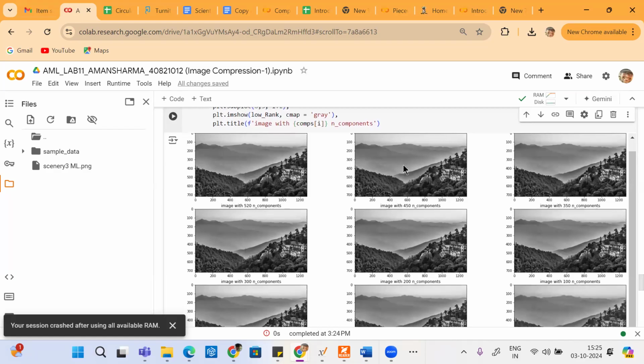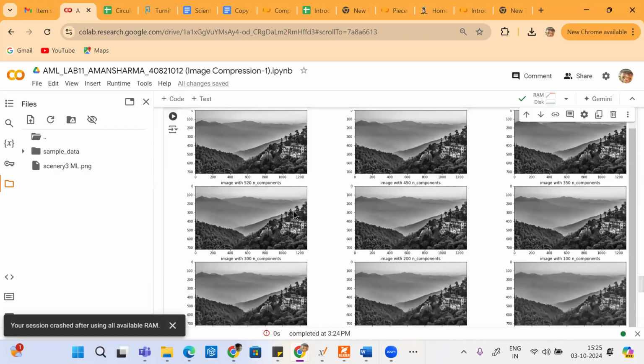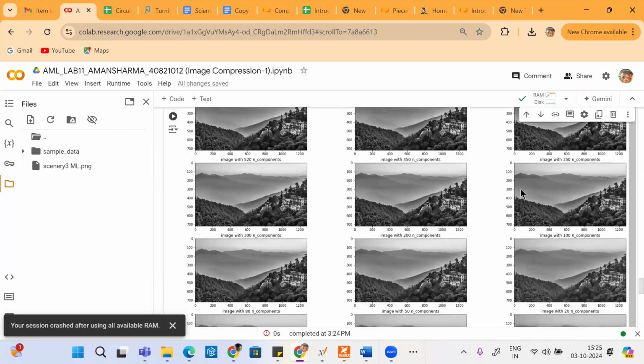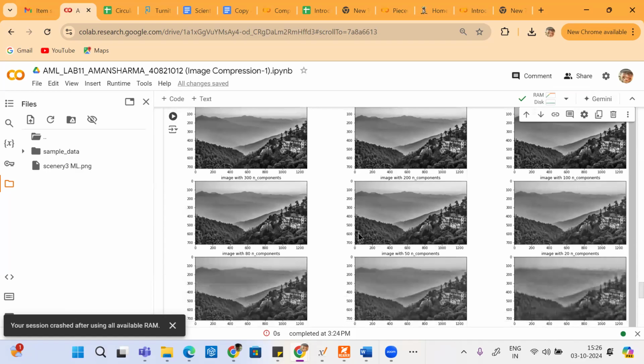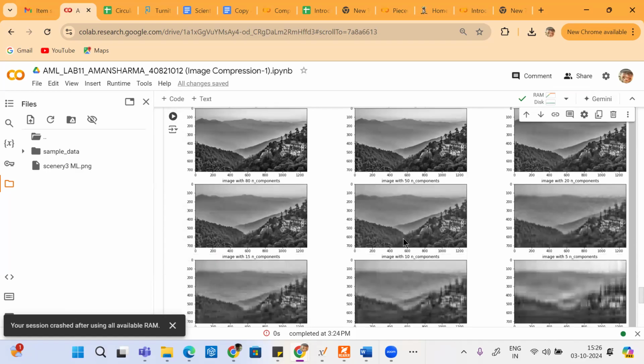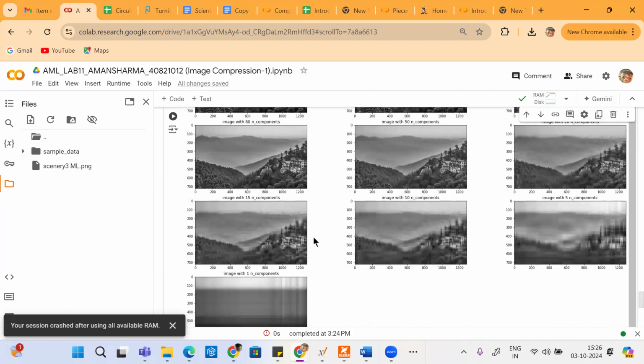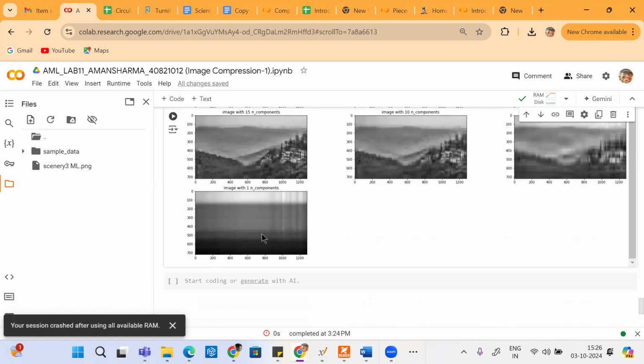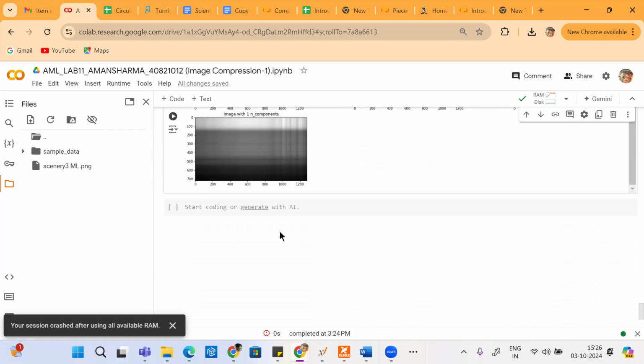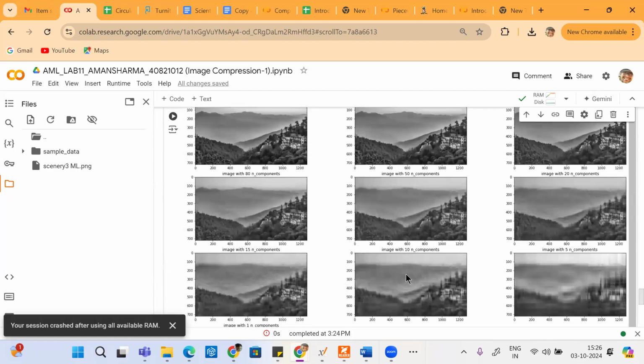Then I compressed the second image, then the third, fourth, fifth, and so on. You see, as I reduce the components, the image gets diminished. So this is basically an application of SVD. Okay, so at least you can get an idea.